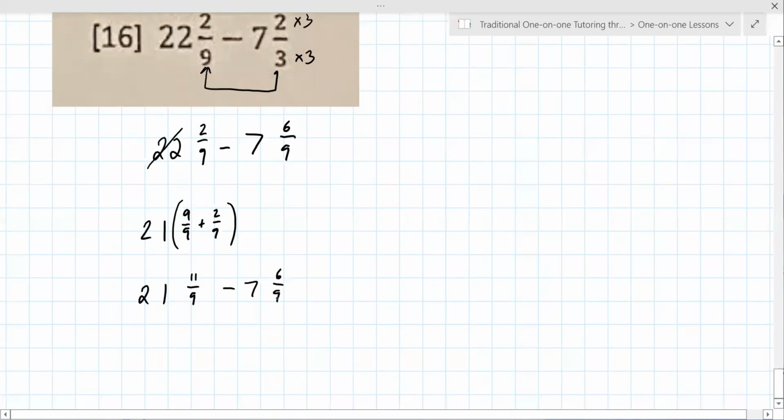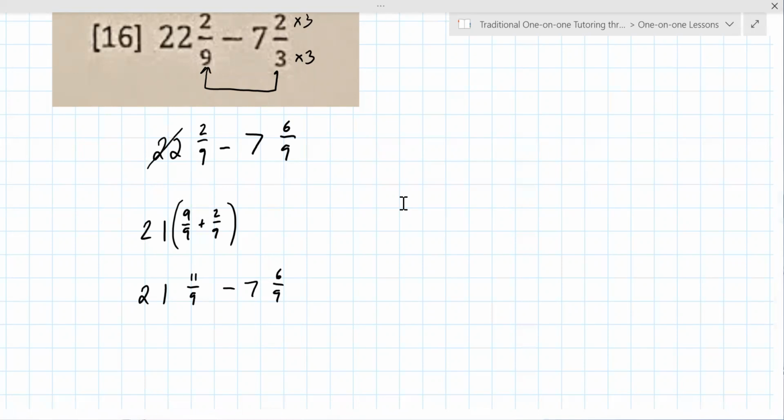Wait, how is it 11? 9 plus 2 is 11. I forgot that the whole number is 1, I was thinking of regular multiplication. I'd fail on a test if I did that.